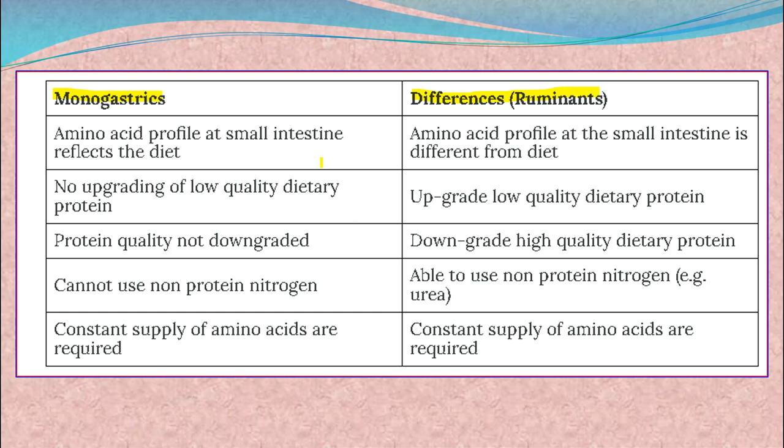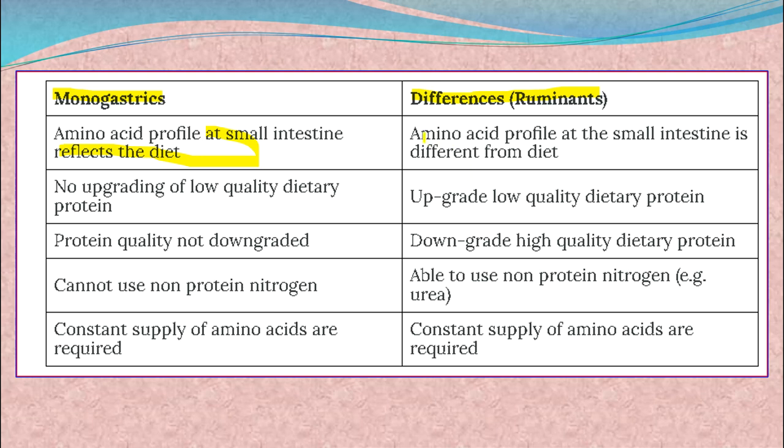So in the monogastric animal, the amino acid profile at the small intestine reflects the diet. The amino acids absorbed from the small intestine are the only amino acids which are available to the body.